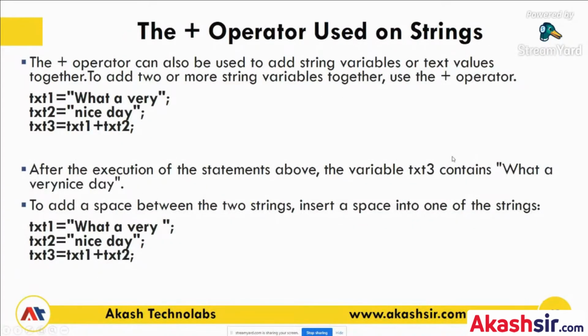The plus operator is used for adding string variables or text values together, which means we can concatenate strings. For example, here text 1 is "what a very" and text 2 is "nice day". Inside text 3, you can combine the two strings together, that is txt1 plus txt2.